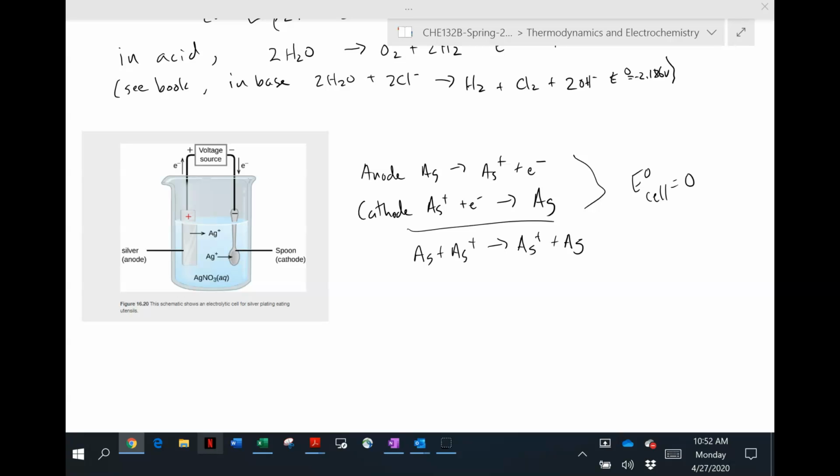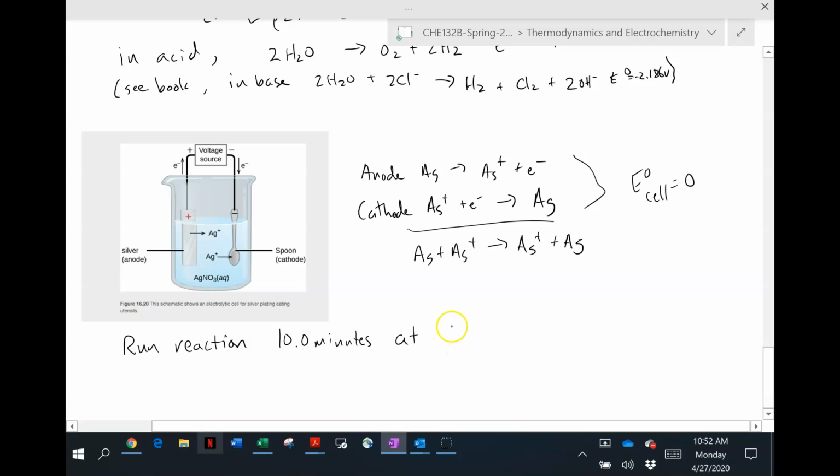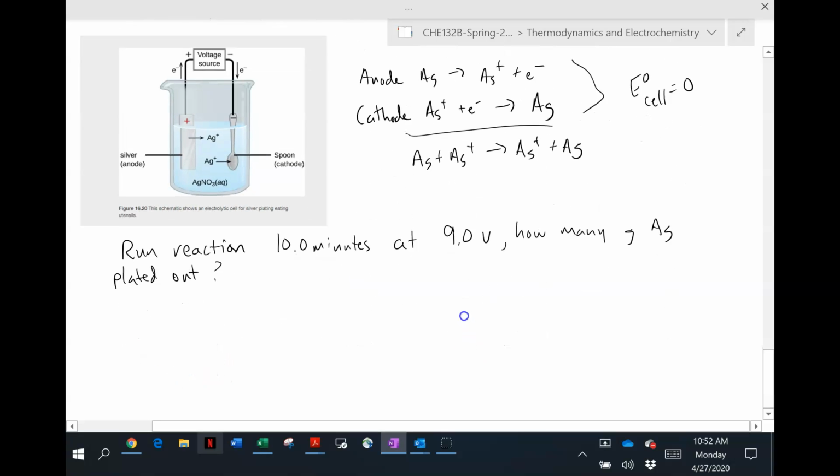So let's say we run this reaction for 10 minutes at, let's say, 9 volts, okay, how many grams are plated out, assuming we don't run out of silver in the solution, or the silver in the anode.